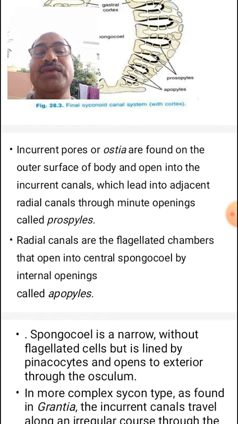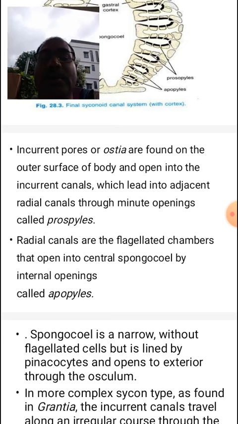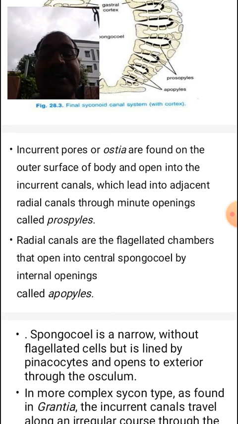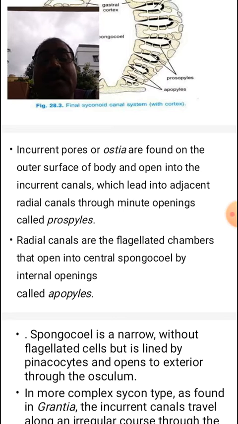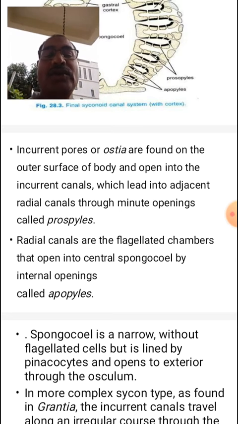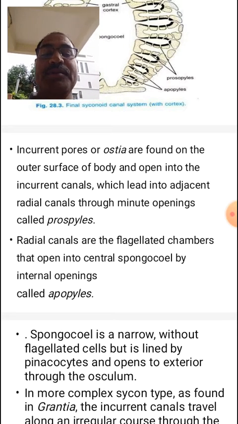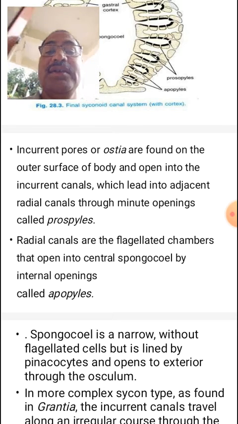So these are the prosopyles. Radial canals are the flagellated chambers that open into the central spongocoel. The internal openings are called apopyles. So two definitions are there: prosopyles and apopyles.